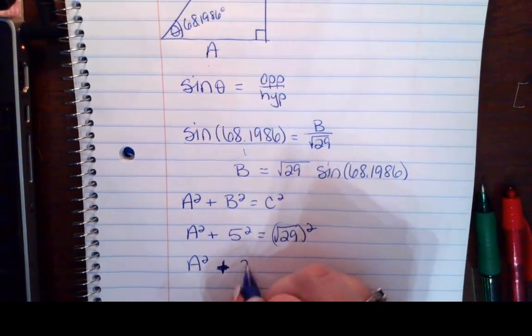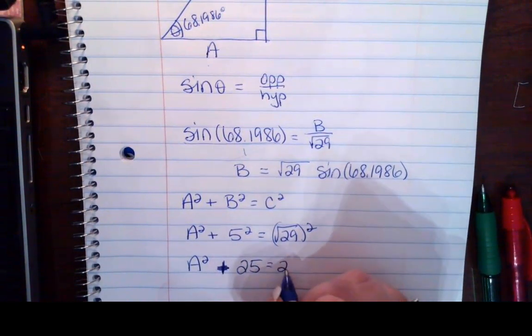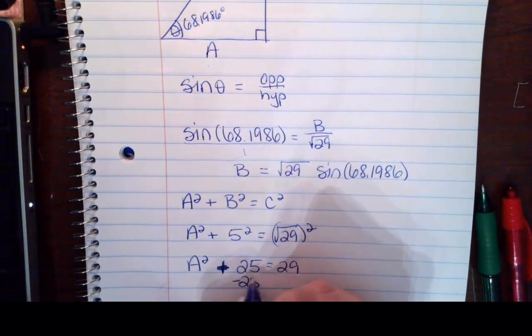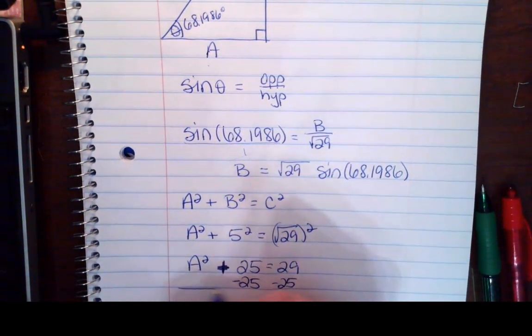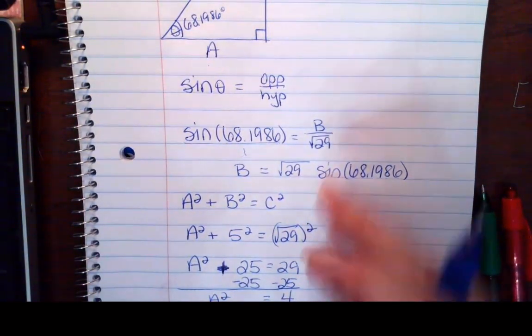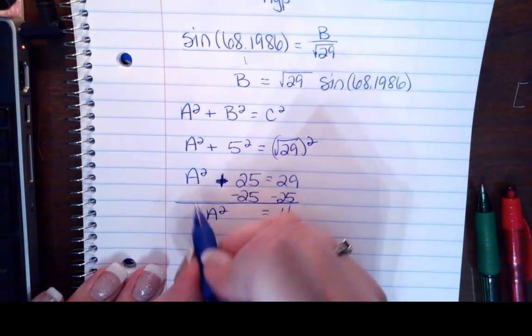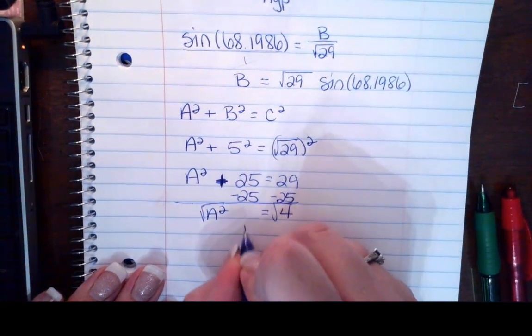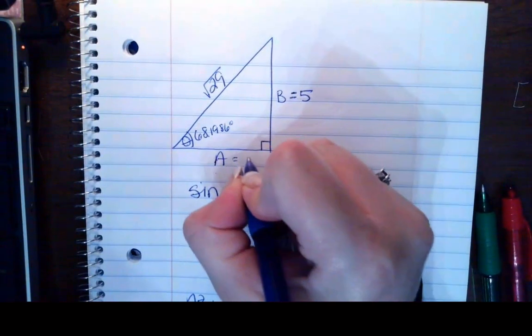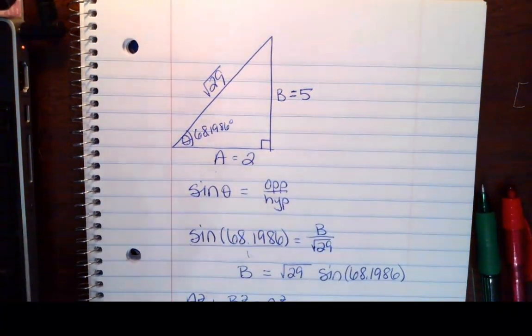A squared plus 25 is 29. Subtract 25, and I get a squared is 4. Take the square root, and I'll get a is 2. So this side will be 2.